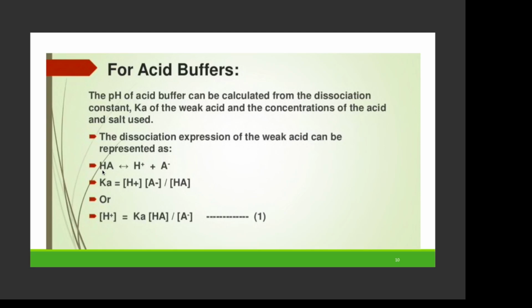And this one is actually the concentration of the acid. So here we can write salt, and here we can write acid. Okay, clear now? Yes, sir. Okay, so we just wrote here acid and salt. Is this point clear? Yes, sir.